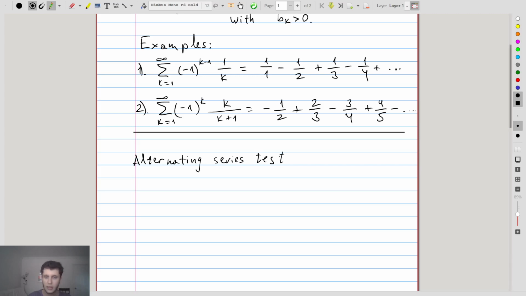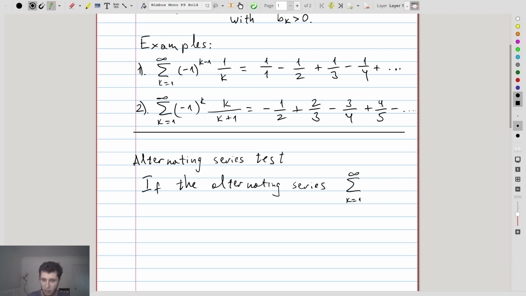So this test will be applicable to series of the forms that we have just seen. Basically series that involve a factor (-1)^k, or (-1)^(k-1). And if the assumptions of this test are satisfied, we will conclude that the alternating series is convergent. So suppose we have the sum from k equals 1 to infinity of (-1)^(k-1) b_k.